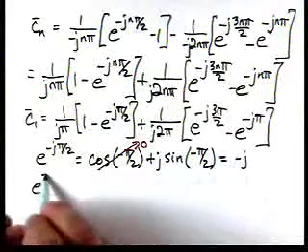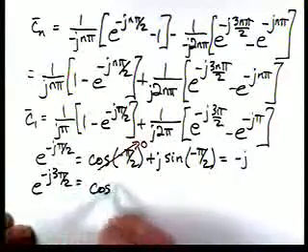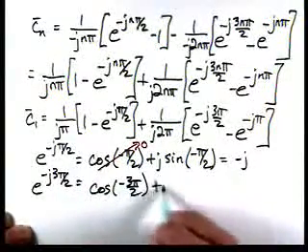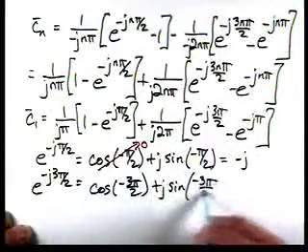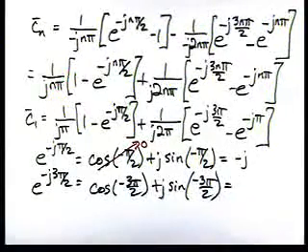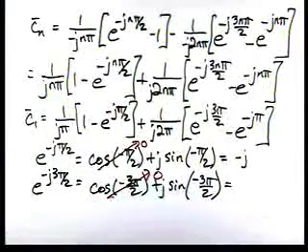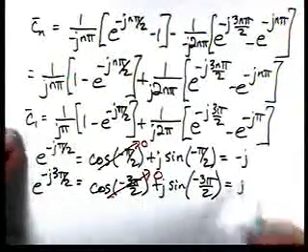e to the minus j 3 pi over 2 is cosine of minus 3 pi over 2 plus j sine of minus 3 pi over 2. Again, this term is going to be 0, and this is going to turn out to be j.